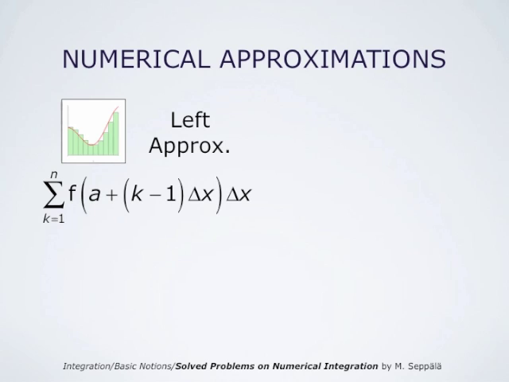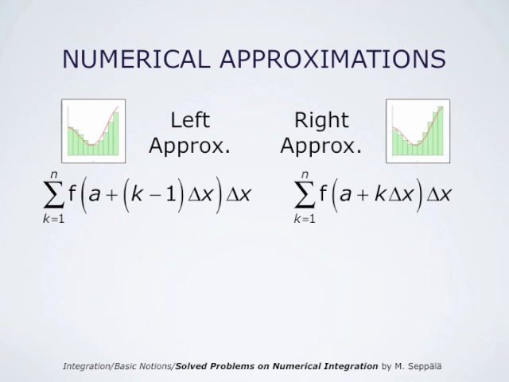So that corresponds to the rectangles, the green rectangles shown here in this picture, whose height is given by the value of the function at the left endpoint of each subinterval. Then we may choose the right endpoint instead of the left endpoint. We get the right approximation. It is summation k from 1 to n f at a plus k times delta of x.